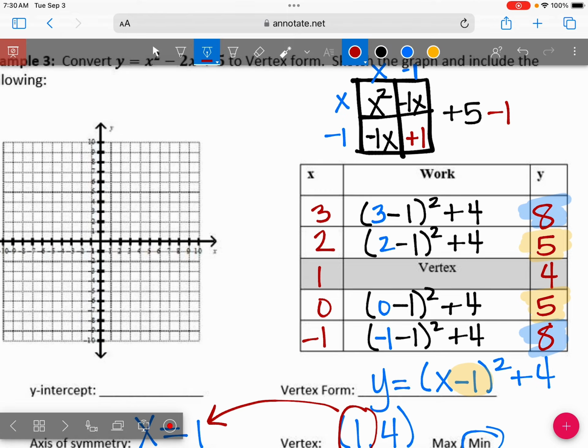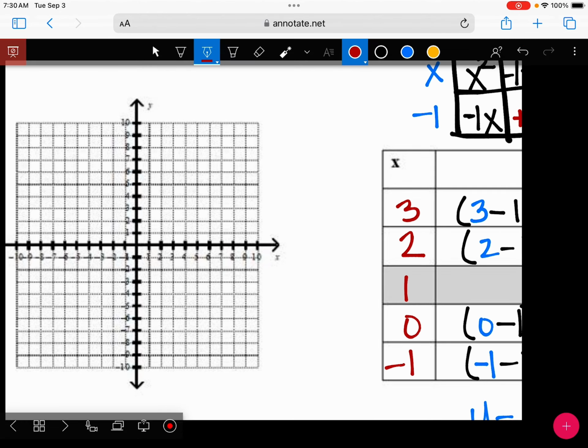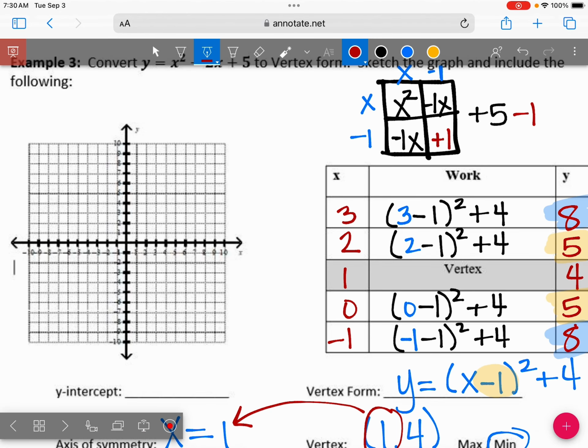So let's go ahead and graph it. So 3 up 8. 2 up 5. 1 up 4. And then negative 1 up to the 8.